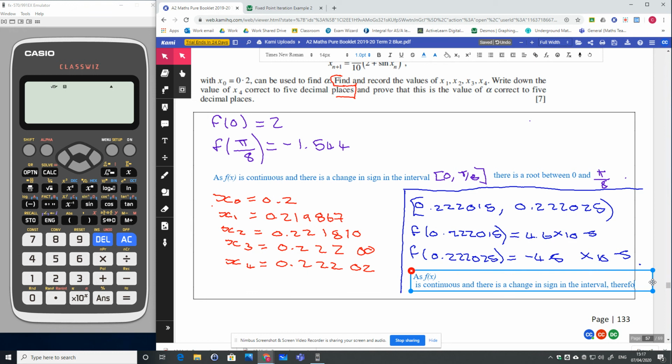Therefore, 0.22202 is correct to 5 decimal places. Or therefore the root, I suppose. So it's referring back to the fact that we're checking the 5 decimal places.